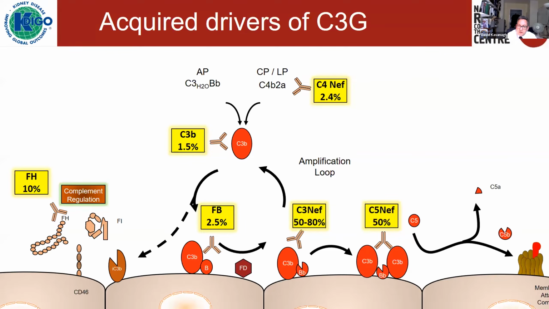But the other ones, antibodies against components such as factor B, C3b, and against your factor H regulator, are less common, about 10%. But interestingly, the antibodies you see against factor H, which you also see in atypical HUS, bind to the N-terminus of the protein, not the C-terminus. Largely in C3G, the driver of pathology is autoantibodies.